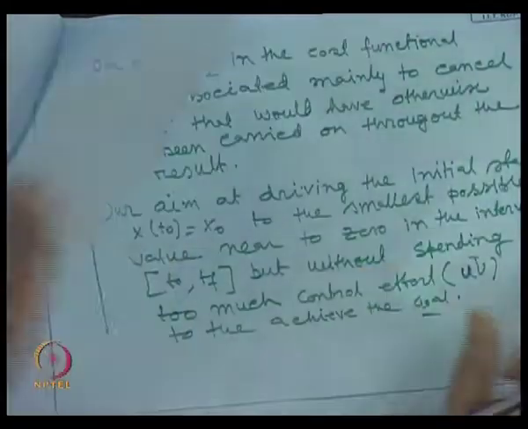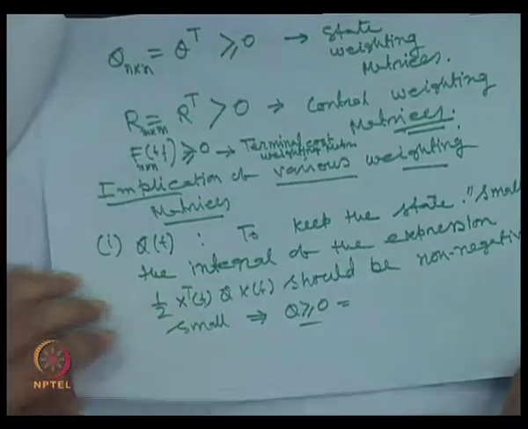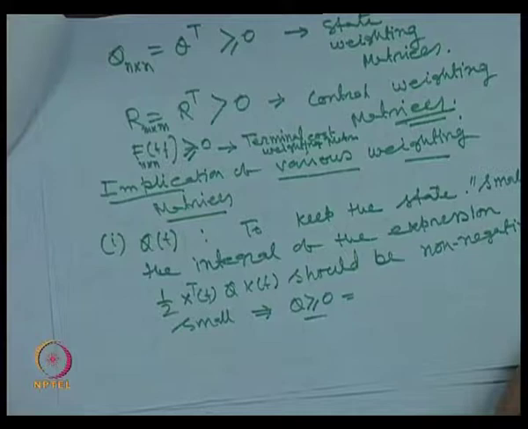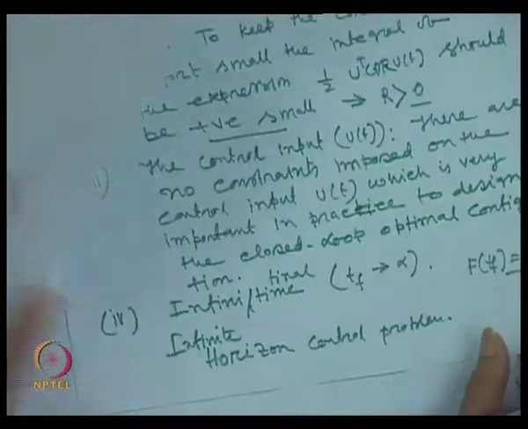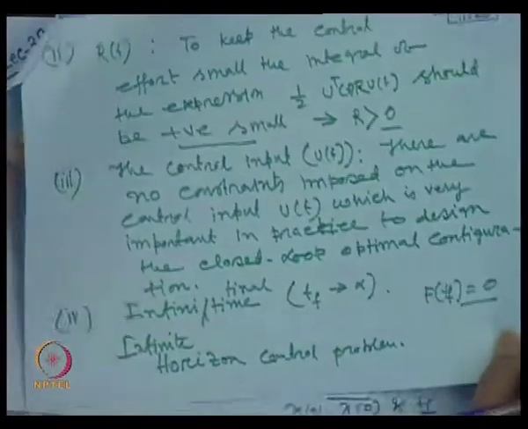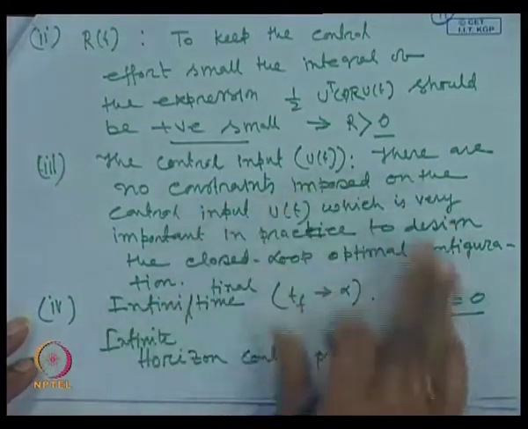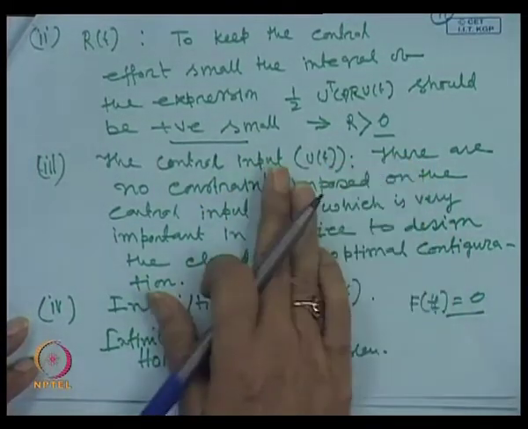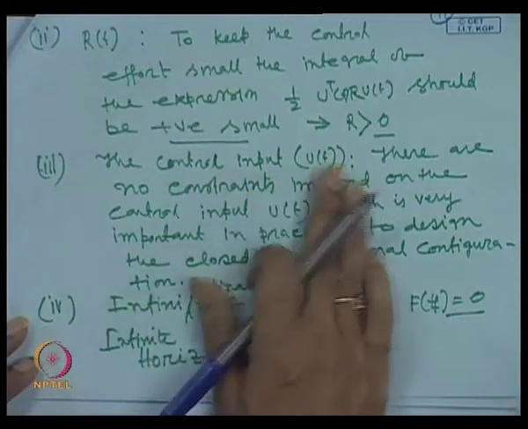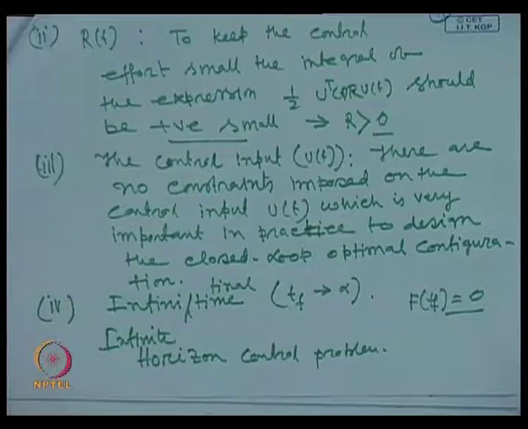This is our basic step, and in the choice of Q and R, Q should be positive semi-definite and R should be a positive definite matrix. In our linear quadratic regulator problem, there is no constraint imposed on u as well as x; they are free.